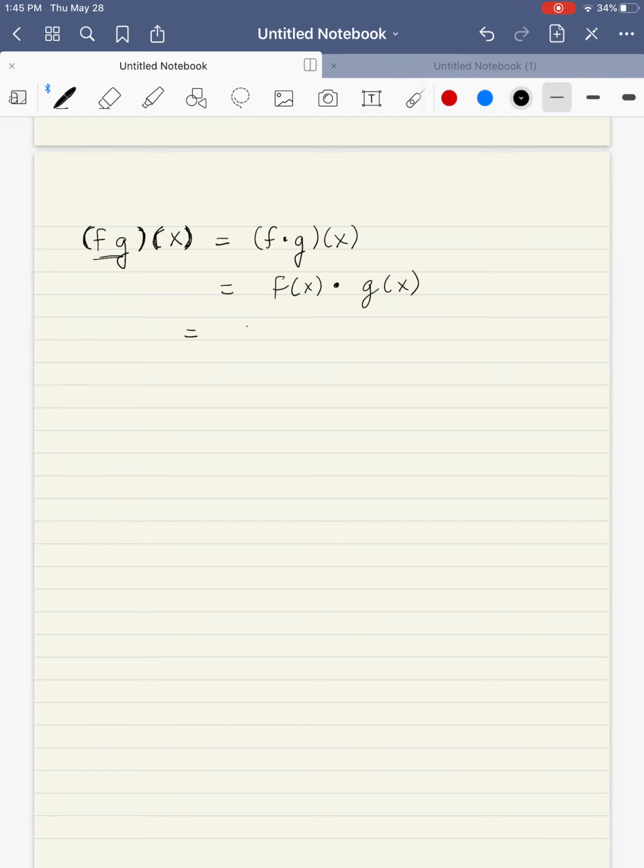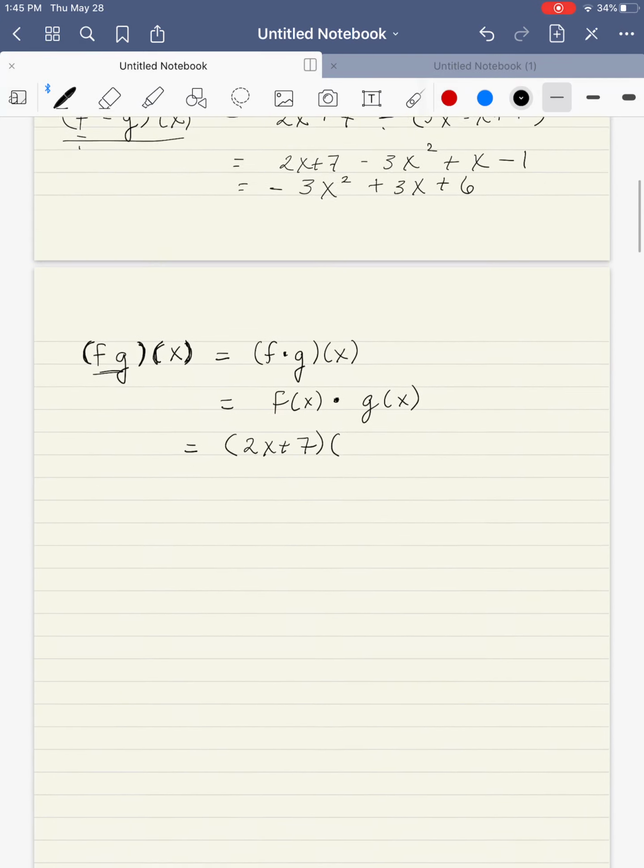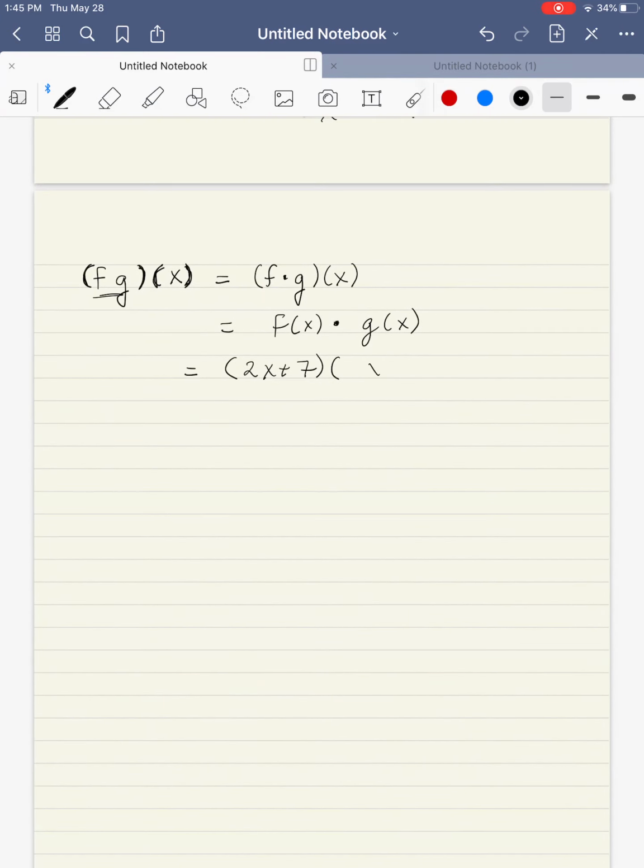So if I multiply f of x, 2x plus 7, times g of x, 3x squared minus x plus 1, this parentheses implies multiplication. So you have to be careful and know by context that the pairs of parentheses here mean function notation and the pairs of parentheses here mean multiplication.